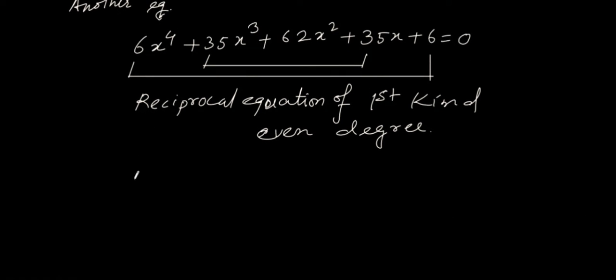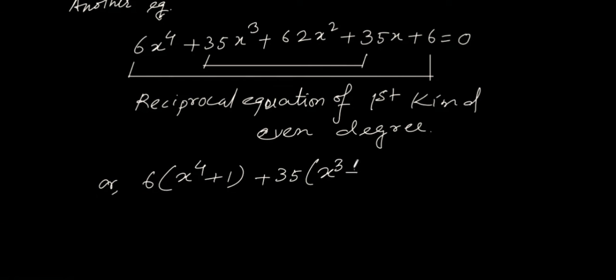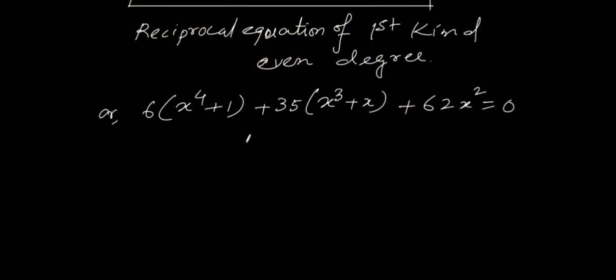So this equation can be rewritten as 6 times x to the power 4 plus 1, and take 35 common, we can write this as x cube plus x, and then 62x square. Now divide the whole equation by x square.